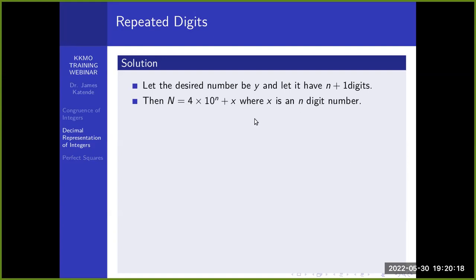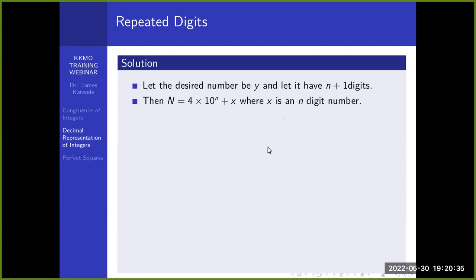So just to illustrate what's happening here, suppose the number, this is not quite the number, is something like this. This has n plus 1 digits. So here n is 3. So this one has 3 plus 1 digits.